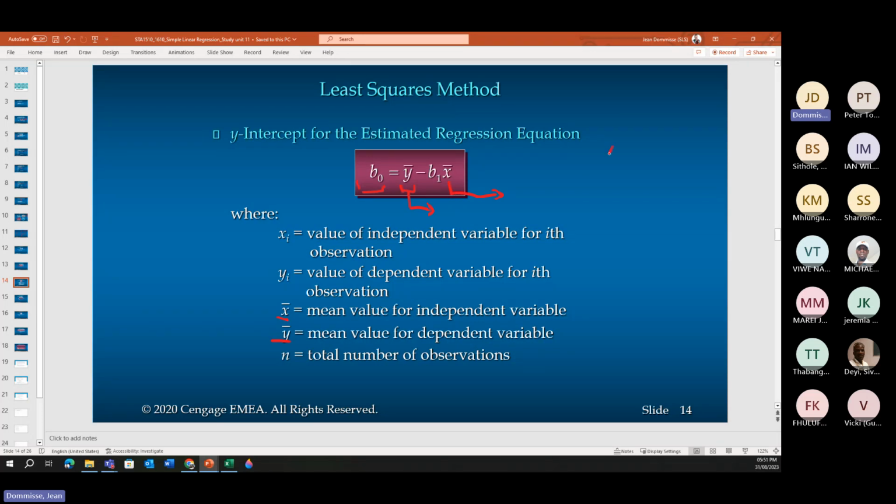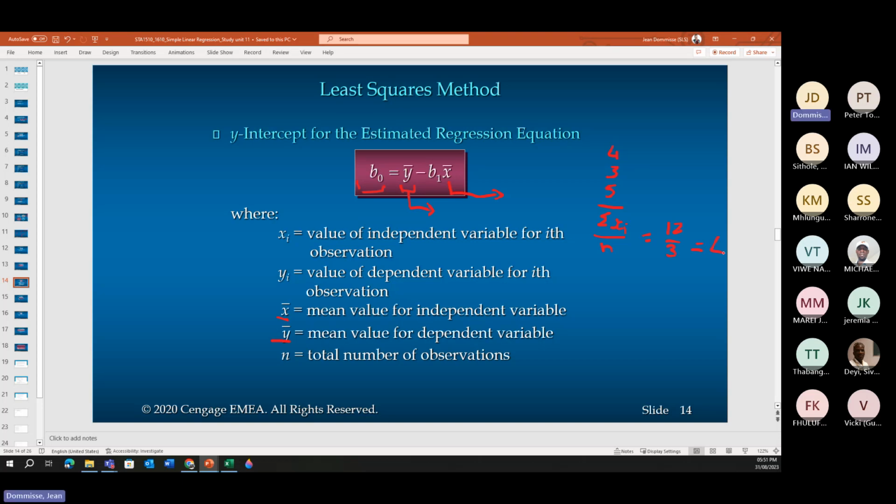So if we had X values of 4, 3, 5, the mean of that would be the sum of the X's divided by N. So 4, 3, and 5 would have been 12 divided by how many numbers?